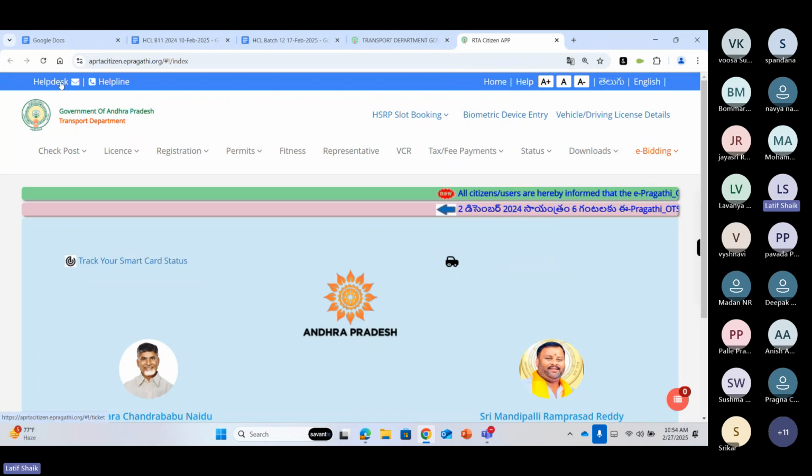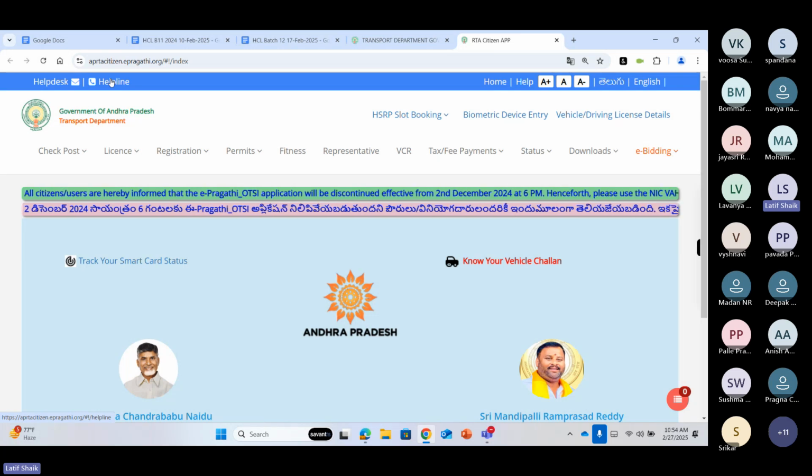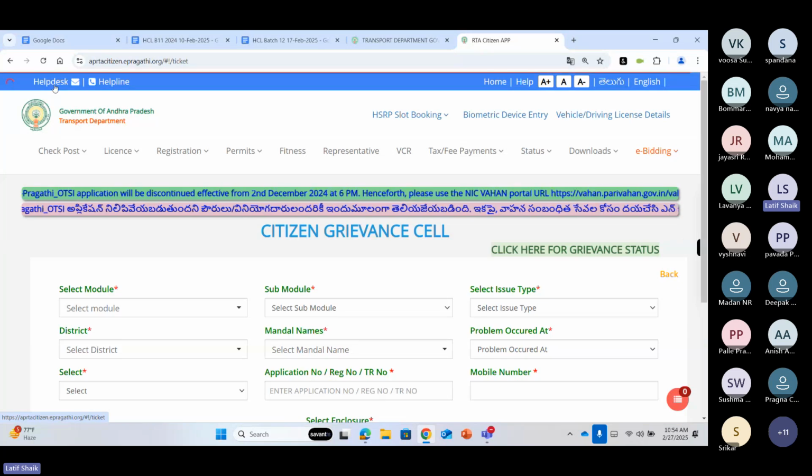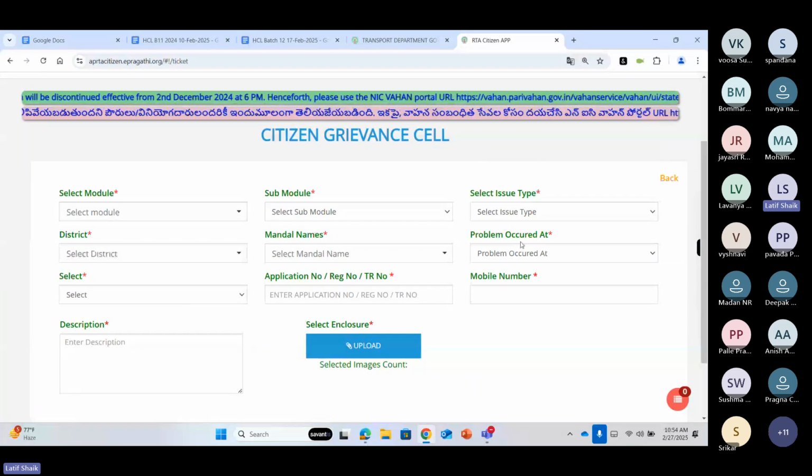See, help desk, so simple, a helpline and help desk. Different companies and organizations provide their own portals. You can directly open it and click on the help desk. See, it's level 0 support.